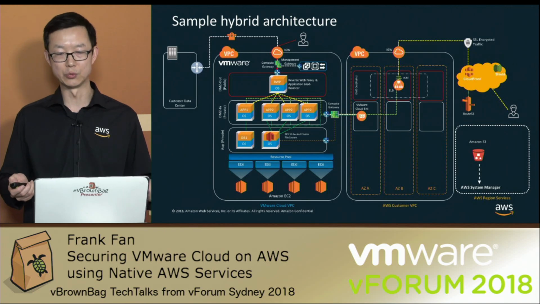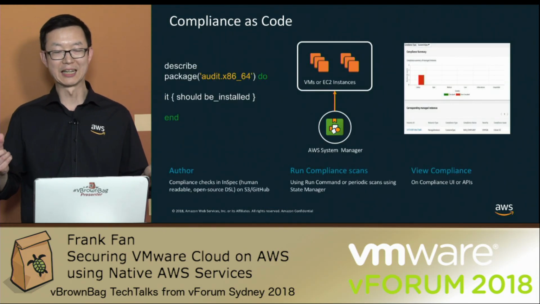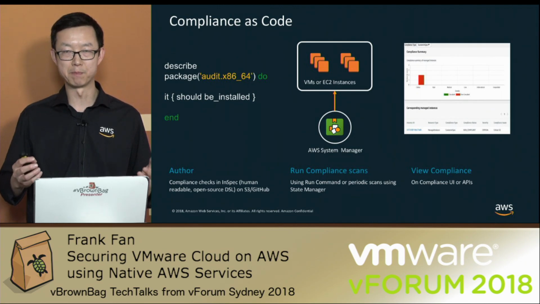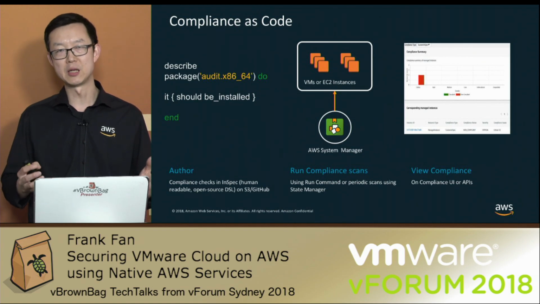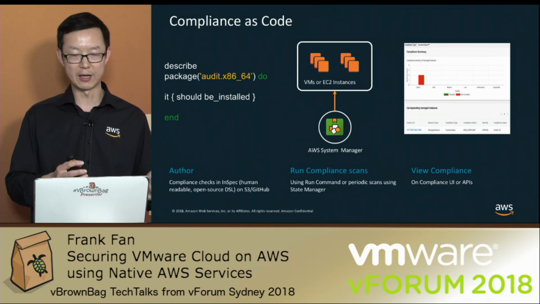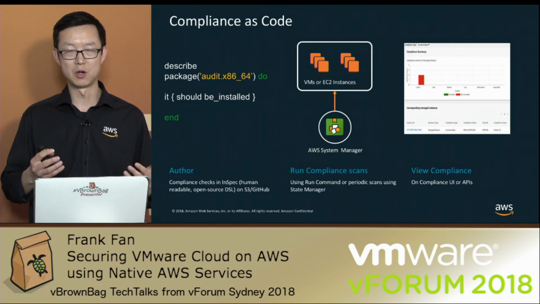Let's look at how it works. For example, we call it compliance as code. You pre-configure some policy beforehand. I use a very simple example: this particular package needs to be installed inside these VMs. You can come up with a more complex policy.